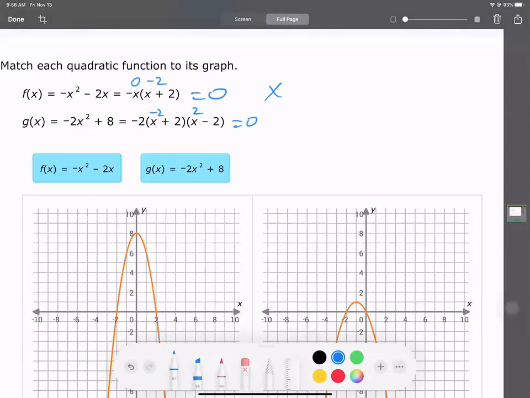So the first graph, the zeros are, again, 0 and -2. That graph is right here. See that 0 and -2? The second graph, using our zero product property, is going to be -2 and 2. But since this was only two options, and one coefficient was -2 and one was -1, we could just look at that.